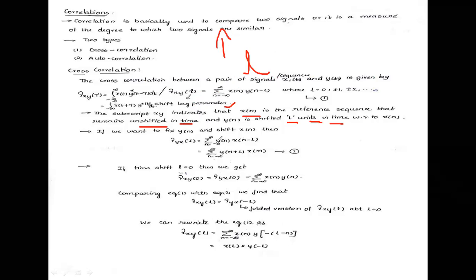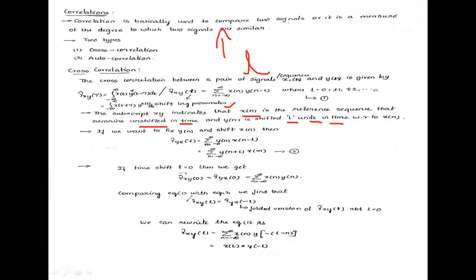The sum over n from minus infinity to infinity of y of n x of n minus L, or the sum over n from minus infinity to infinity of y of n plus L x of n as the second one. If the time shift L is equal to 0, then r xy of 0 is equal to r yx of 0, which is the sum over n from minus infinity to infinity of x of n y of n.